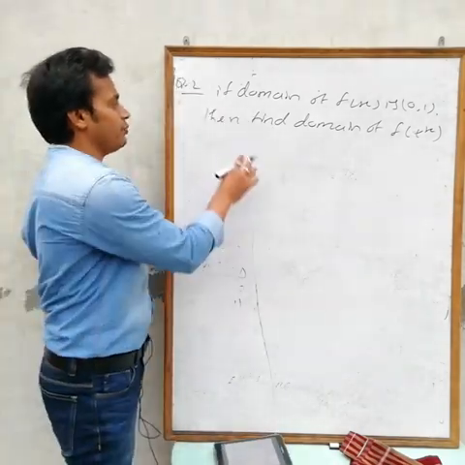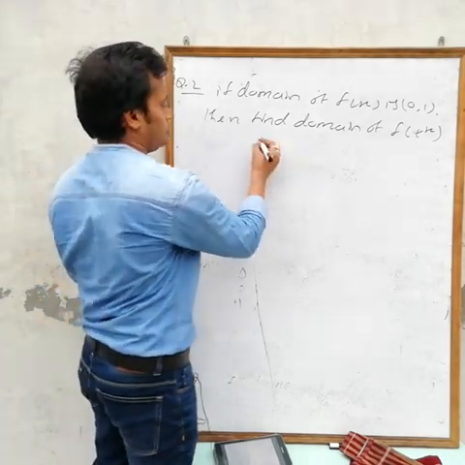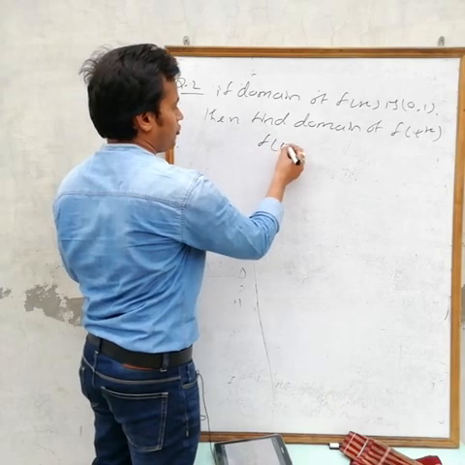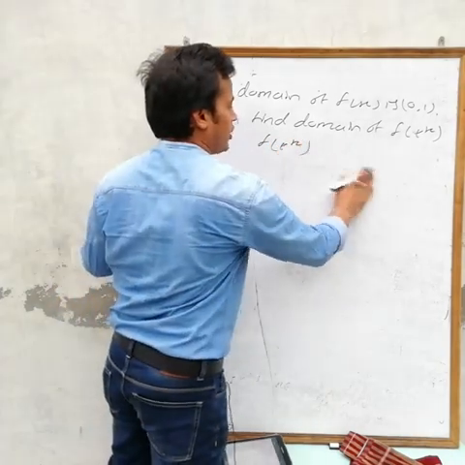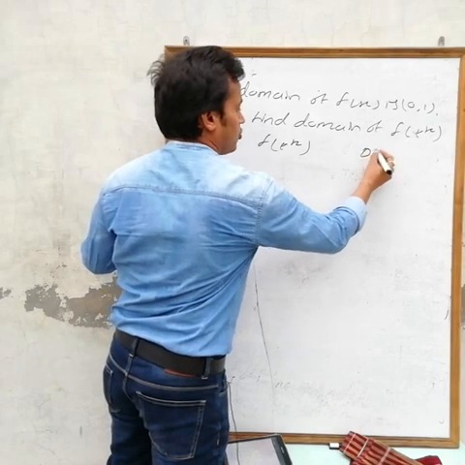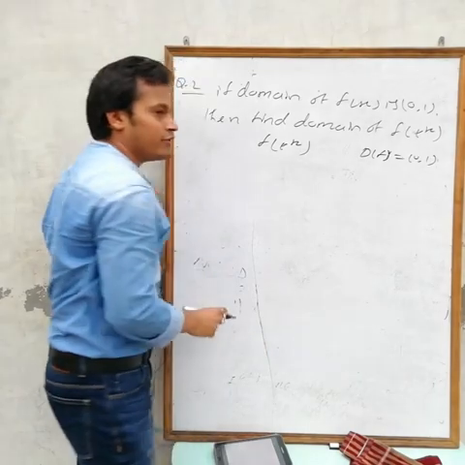Okay, now simply see. For f of e power x, here it is given that the domain of f is equal to [0, 1].